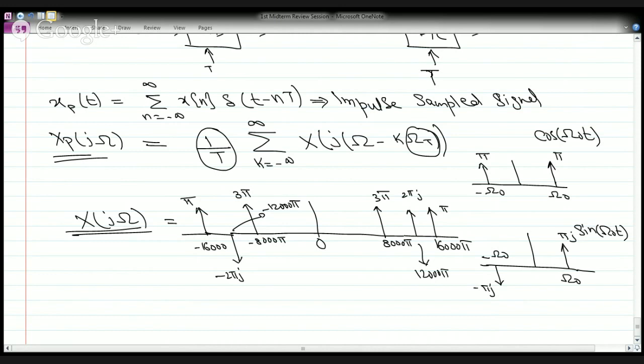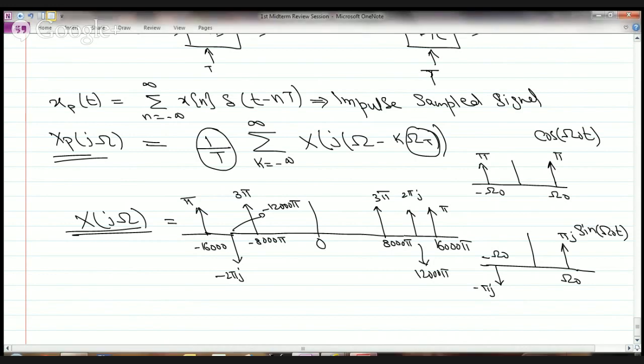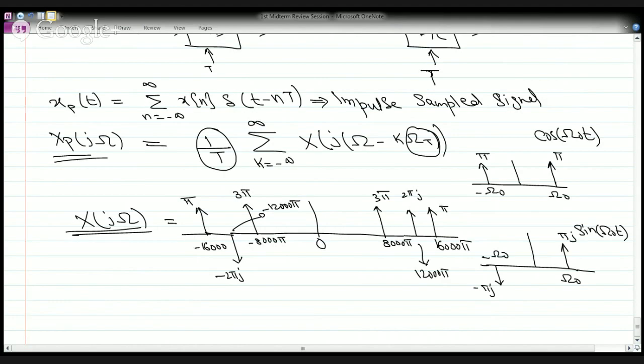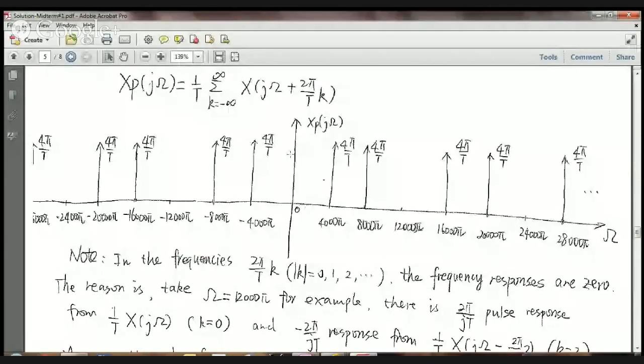so if you go and look at the solution, you will see that once you write down multiple copies of this, let me just switch to the solution so that you can see that. Okay, if you go to the solution, you see that what happens is your sine gets canceled.